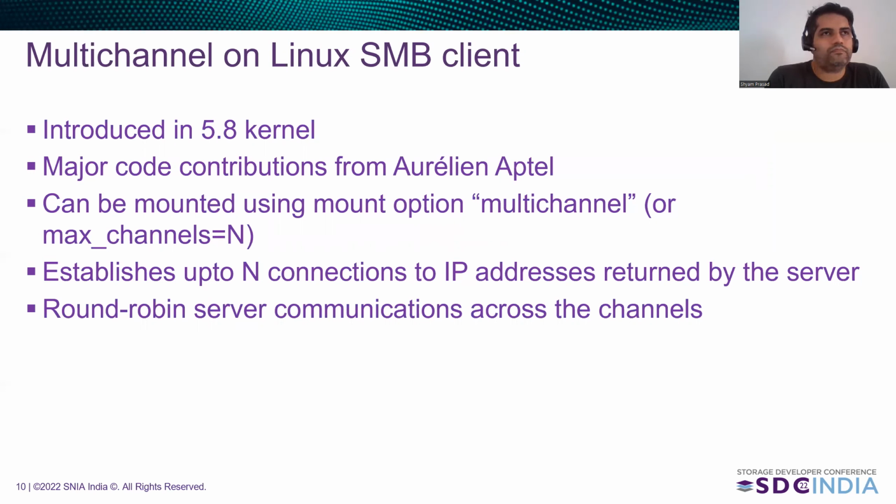Although it is advisable to use as new a kernel as possible when you're using the multi-channel feature, newer critical fixes that have gone into newer kernels have been backported into the older kernels up to 5.8. So 5.8 is a bare minimum if you want to use the multi-channel feature on the Linux SMB client.